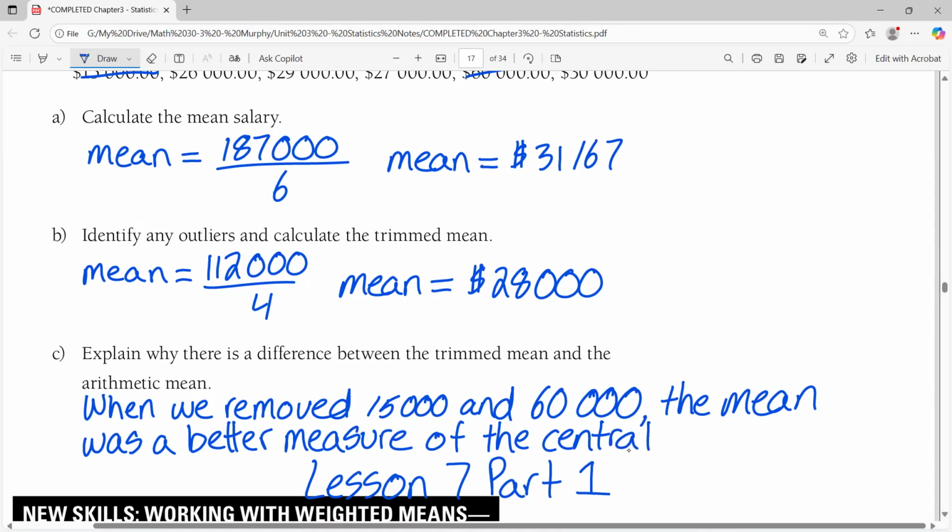So to end up in the middle of our numbers. All right. That is the end of statistics, lesson 6, part 2.